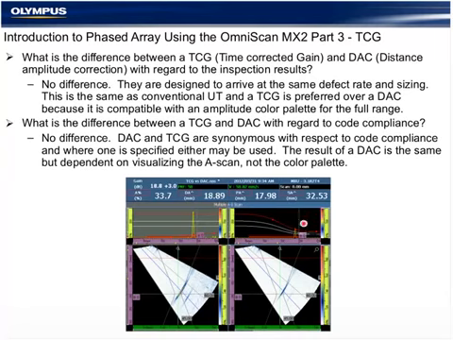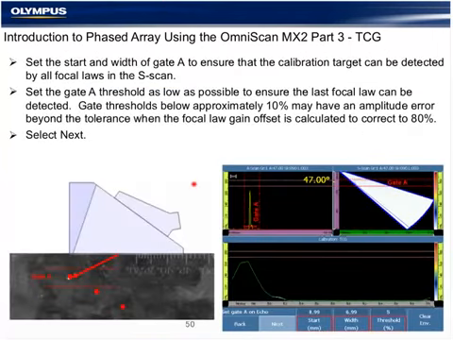So in the TCG, just like the sensitivity calibration, we're going to use a series of side drilled holes and complete a similar wizard in succession. The only difference between the TCG is that I cannot have a negative gain. So my focusing and my ability to separate one flaw from another becomes an issue.